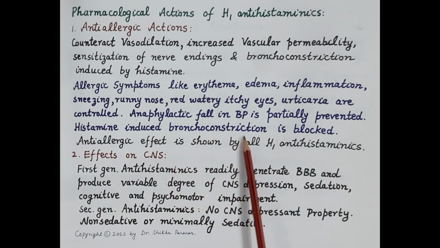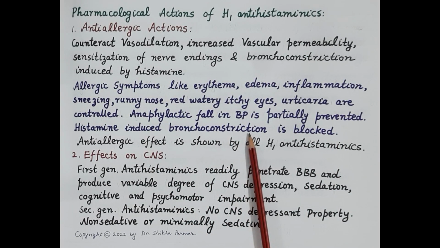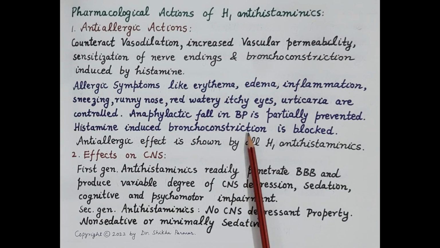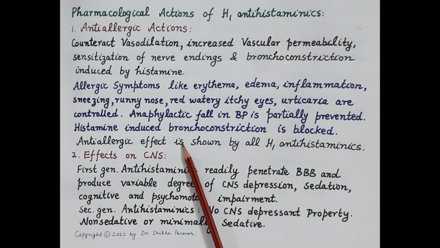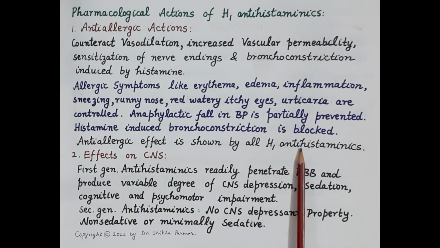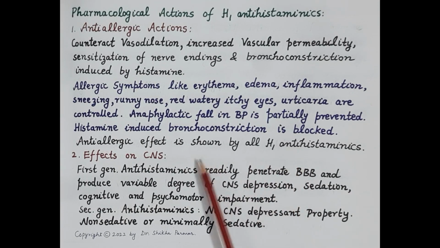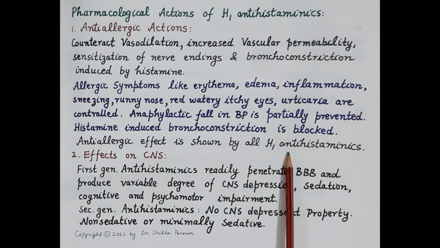Now, histamine-induced bronchoconstriction is also blocked by H1 antihistaminics, and thus anti-allergic effect is seen by all H1 antihistaminics. That is, anti-allergic effect is seen by first generation as well as second generation antihistaminics. However, second generation H1 antihistaminics are preferred because they do not produce sedation, cognitive and psychomotor impairment.